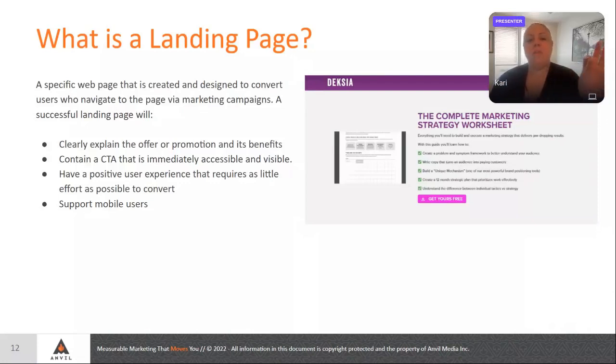And then on this example of a landing page, one thing I do want to call out, and you'll see this on the next page with some examples as well, is that there's very minimal things to click on this landing page. So there's a very clear call to action. You can either download that strategy worksheet or schedule a call.